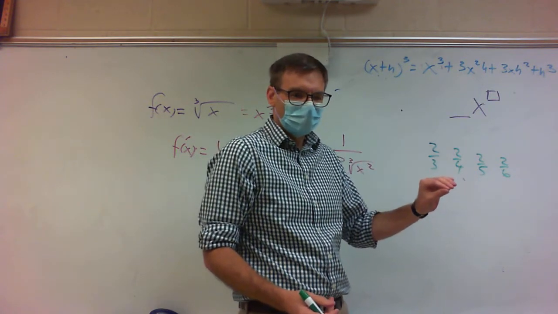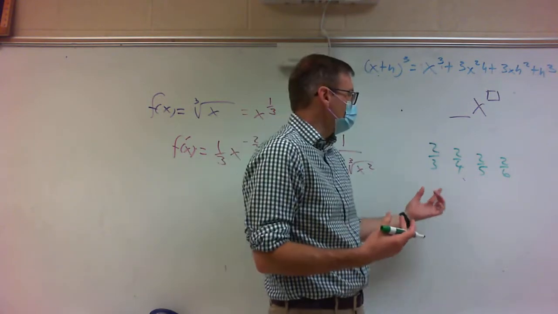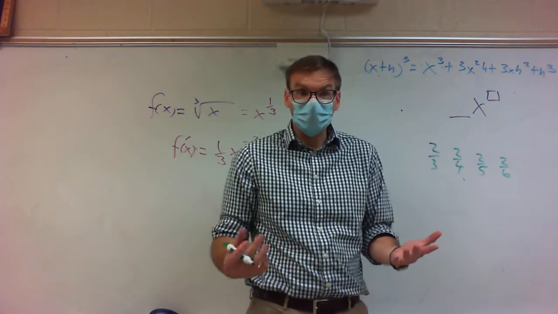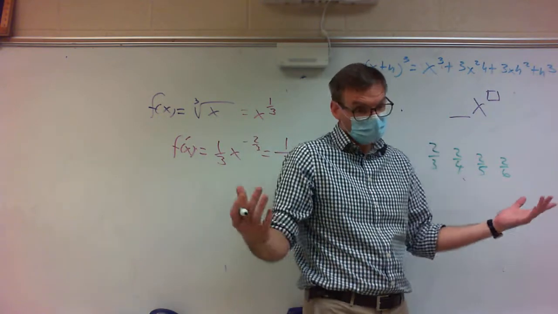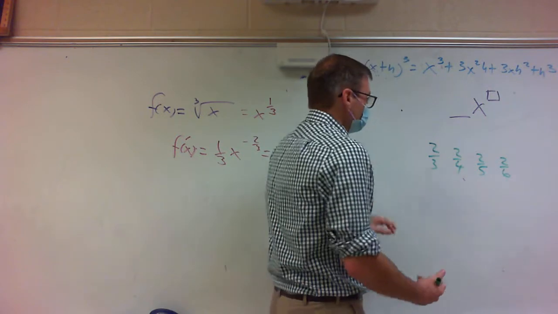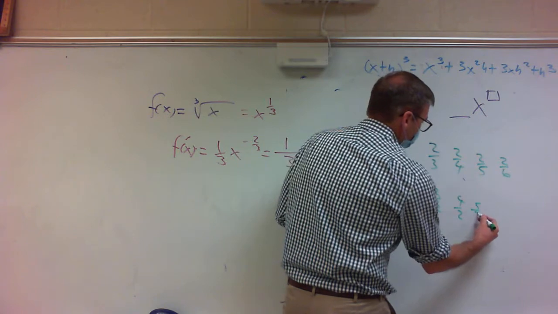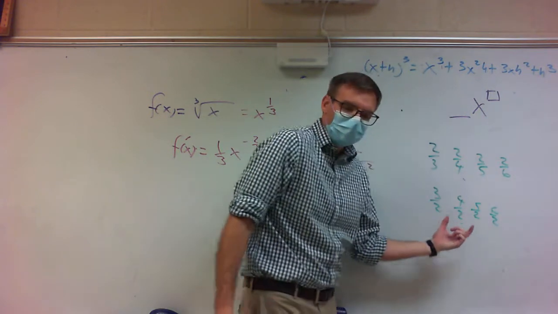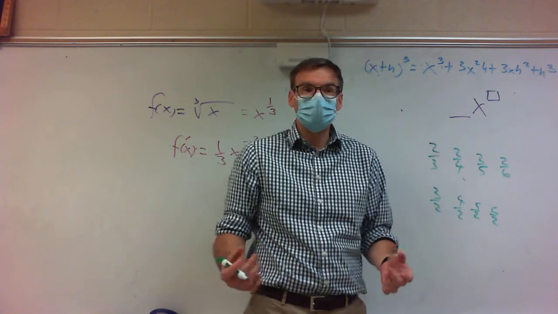Right? So my takeaway from this is the bottom number makes stuff smaller. Because the bigger the bottom gets, it makes the value smaller. All right? Well, what if I were to flip it? What if I were to do 3 over 2, 4 over 2, 5 over 2, and 6 over 2? When you look at a fraction, if the numerator gets bigger, the value gets bigger.